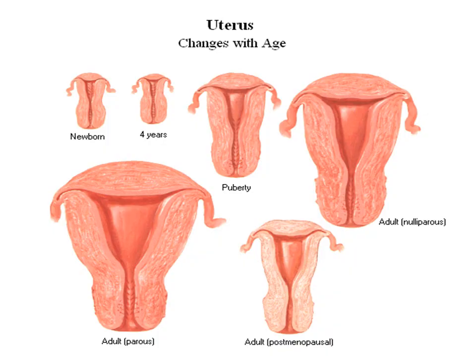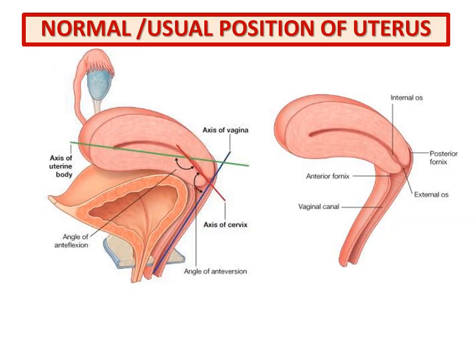Uterus changes with the age: newborn, around 4 years, around puberty, a nulliparous uterus, a parous adult uterus, and postmenopausal adult uterus. Body forms the upper two-thirds of the uterus, and cervix forms the lower one-third of the uterus.